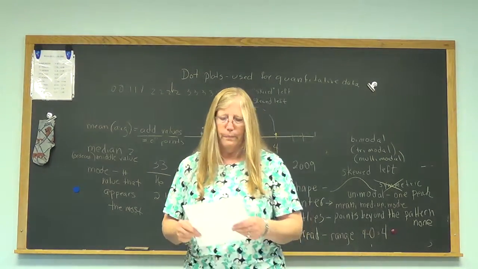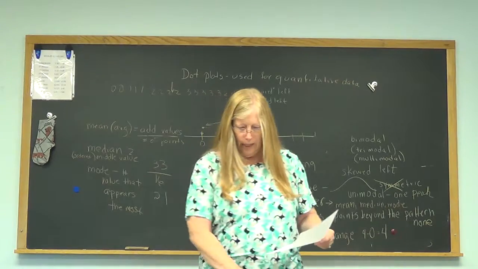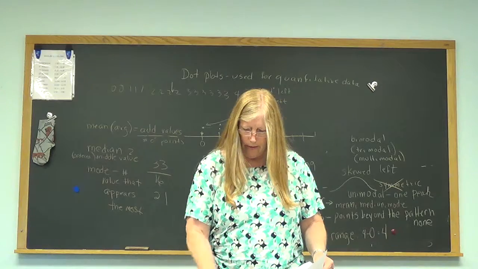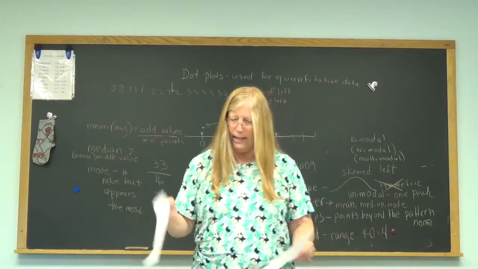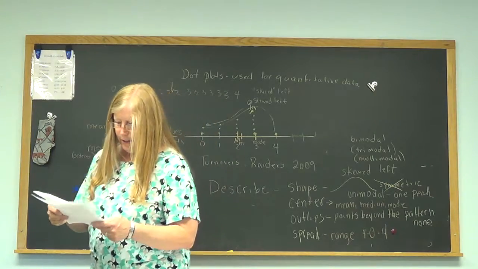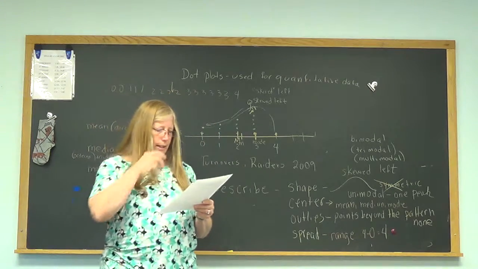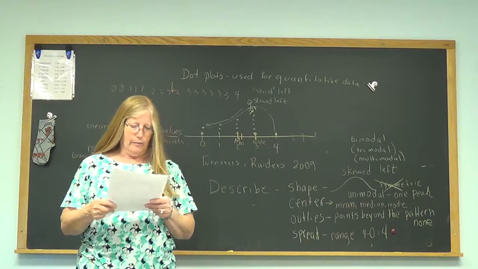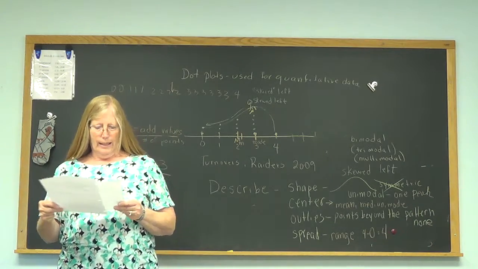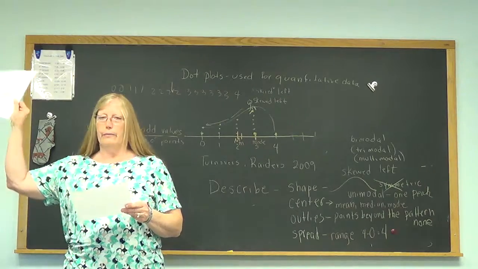All right, so let's look on your handout to see what other things are on here so we can practice doing describe. Let's look at where it says dice rolls. See there? Dice rolls. It's on your handout on the front.